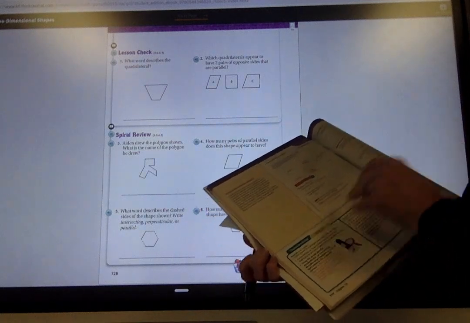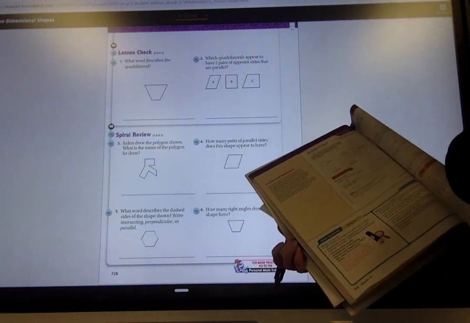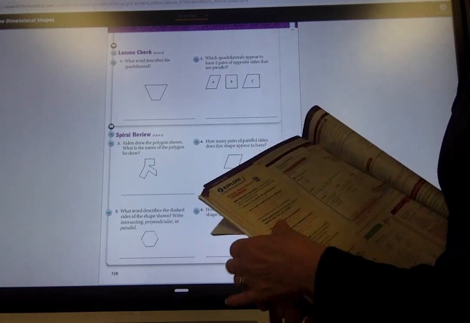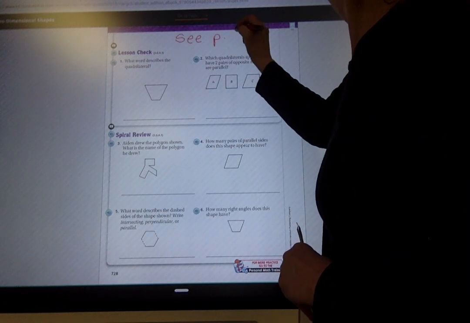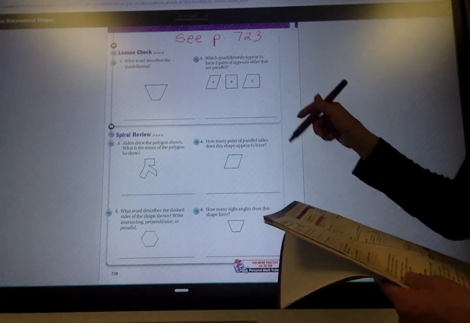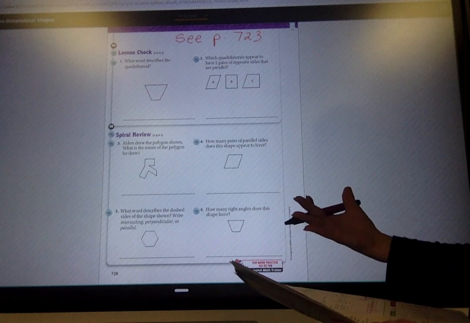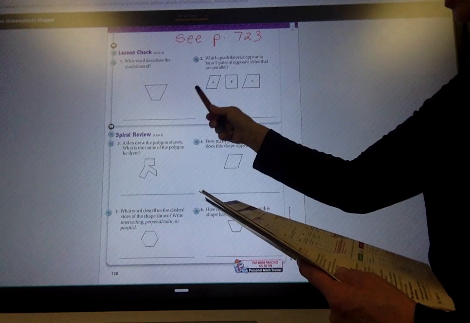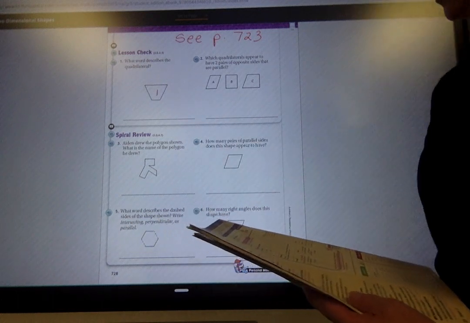If you go back, see page 723, because you'll see a shape that looks similar to this, and it's your job. We already know that it's a quadrilateral, and we know it's a polygon. So you're going to tell me, is it a trapezoid, rectangle, square, or rhombus? There's only one answer for that.